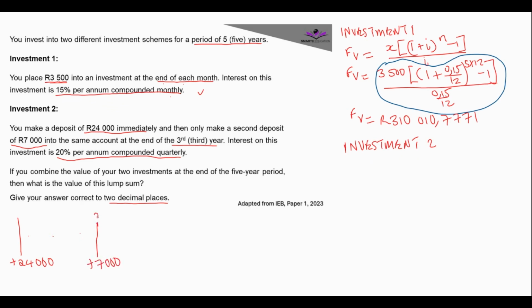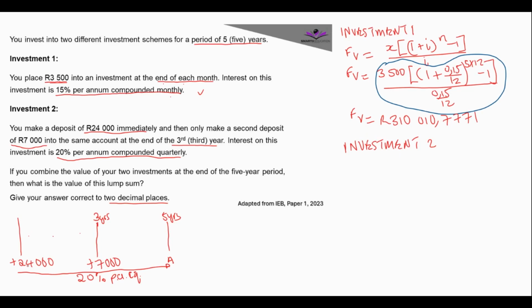This will be 3 years. And then interest on this investment is 20% per annum compounded quarterly. So we want to find A here at the end of 5 years. Right, and then the interest is the same throughout. Right, it's 20% per annum compounded quarterly.